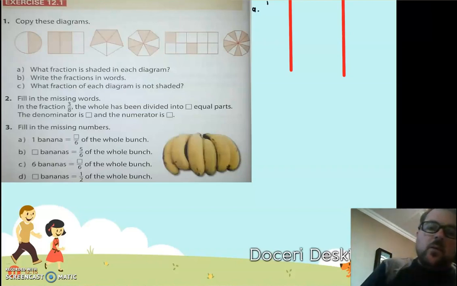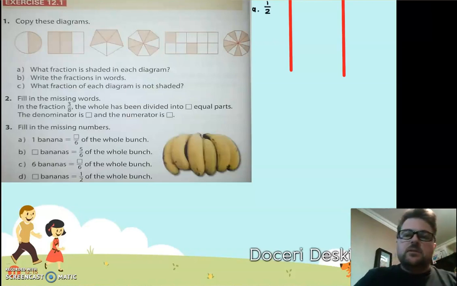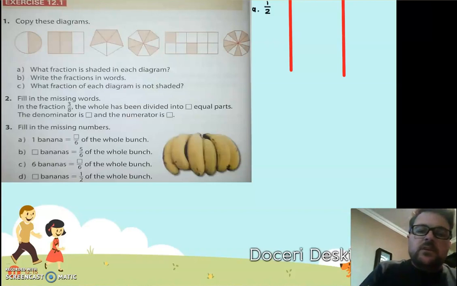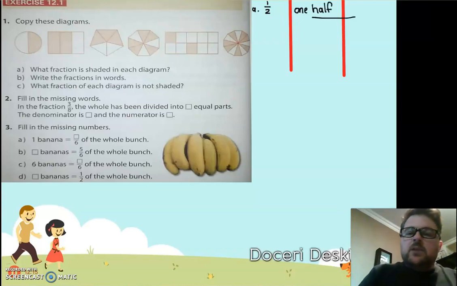Yes, 1/2 of the shape is shaded. How do I write that in words? I would say one half. And how much of that shape is not shaded? Yes, the other half is not shaded.